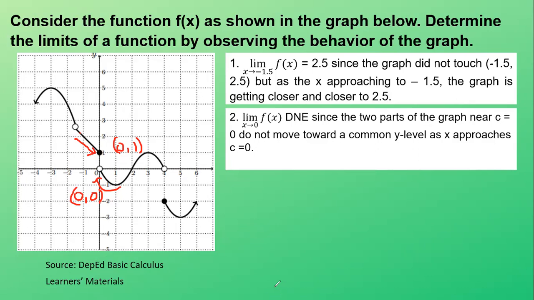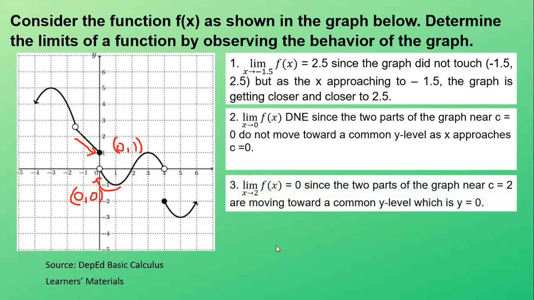Alright, so let's move on to limit of f of x as x approaches 2. So bakit kaya equal siya sa 0? So nasan po ba yon? Si x is equal to 2 sa ating graph. So ito po yon. X is equal to 2. Ano kaya ang y coordinate niya? So 2, 0.